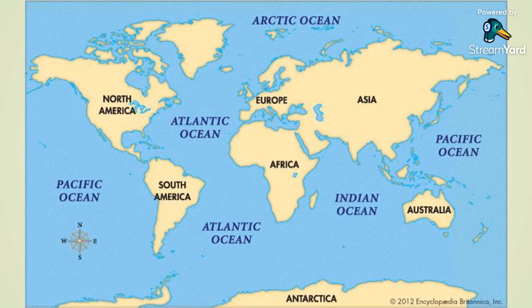Whenever you are seeing a map, it has four directions. See the four directions there. The north is upward, south is downward. In the right we have east, and in the left we have west, and we have these seven continents.